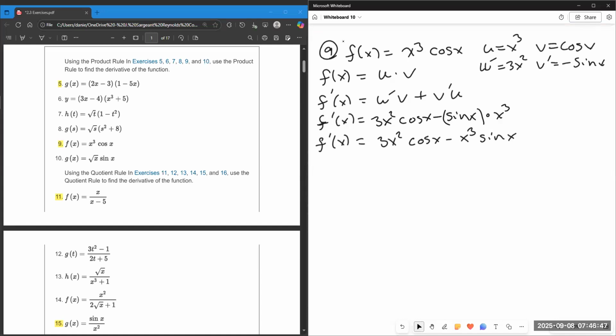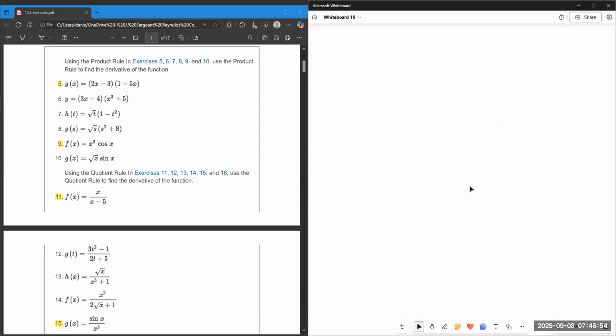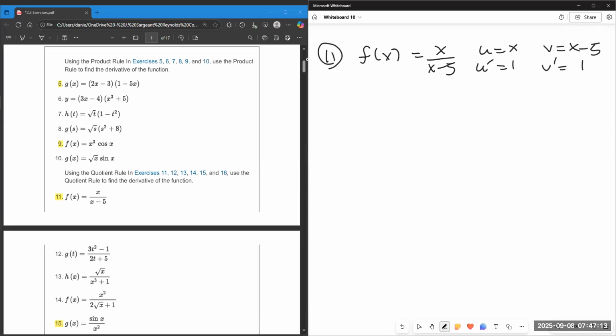All right, now let's look at number 11, which is going to be the quotient rule. So number 11 says f of x is equal to x divided by x minus 5. So my u is x and my v is x minus 5. U prime is 1 and v prime is also 1.